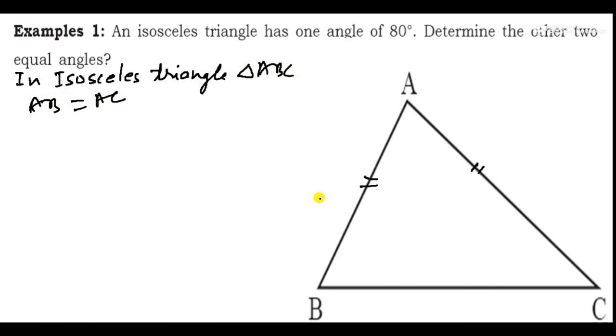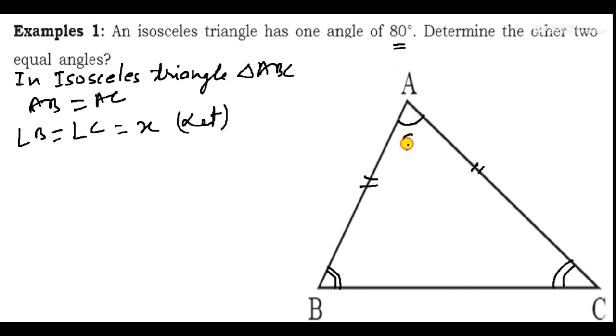So their opposite angles are also equal. So angle B is equal to angle C, and let it be x. And angle A is given as 80 degrees.